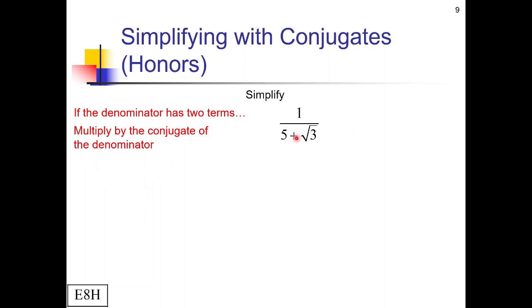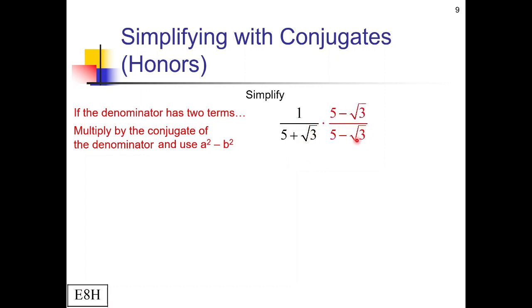Basically, if you have a plus b here, you would multiply by a minus b over here. That would allow you to use your a squared minus b squared shortcut, in effect squaring both of these things. So I'll let you pause the video and see where you can go with this guidance, and then we'll bring it back together.